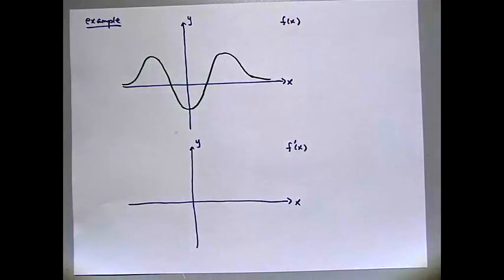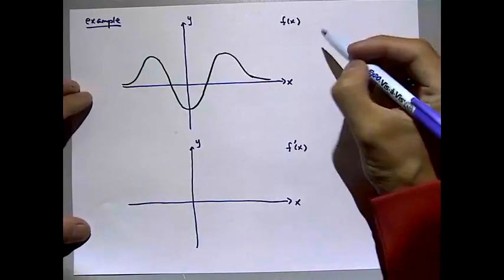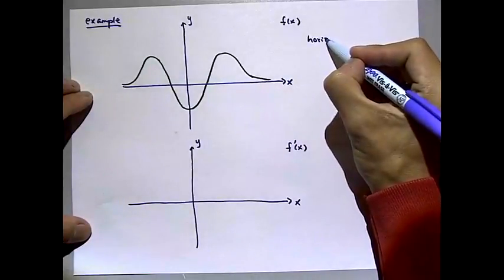The best way to start something like this is to find out where the tangent lines are horizontal to start, because you know those represent the x-intercept on the f prime graph. Let me write that down.